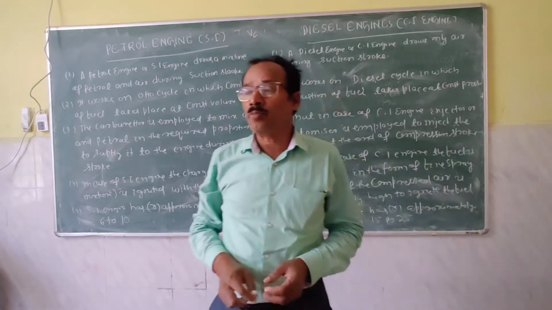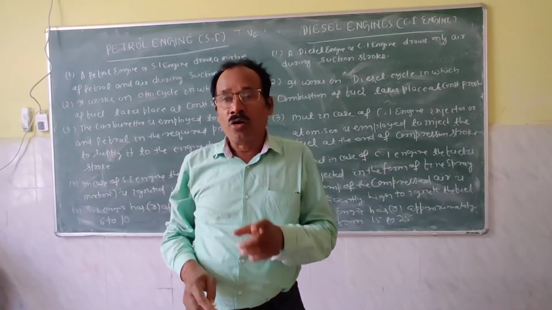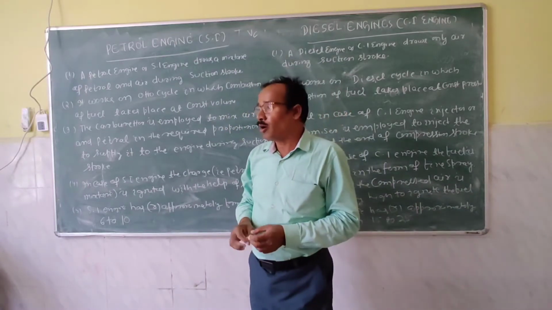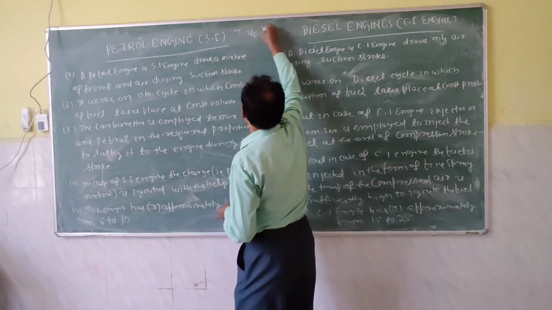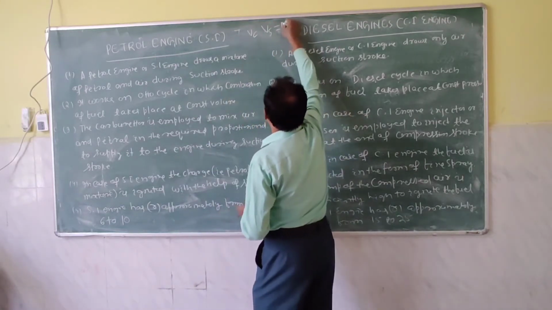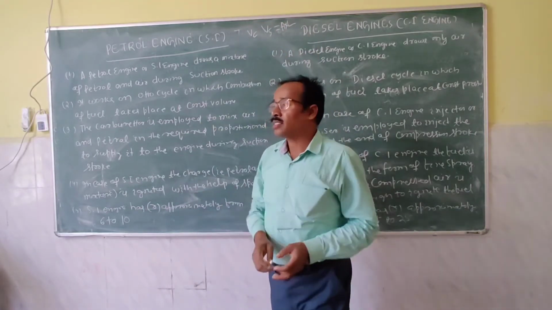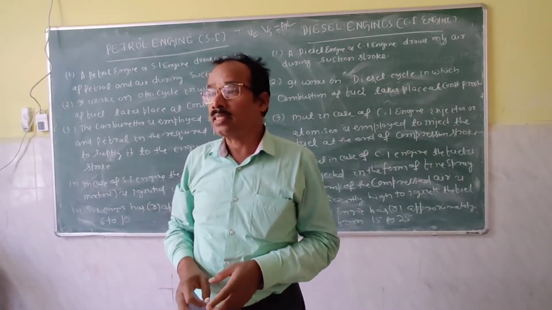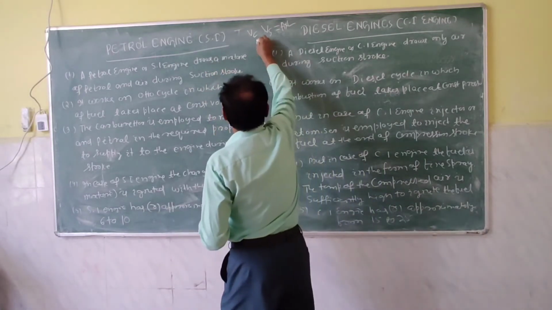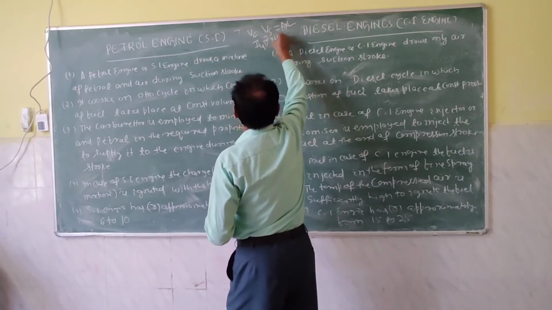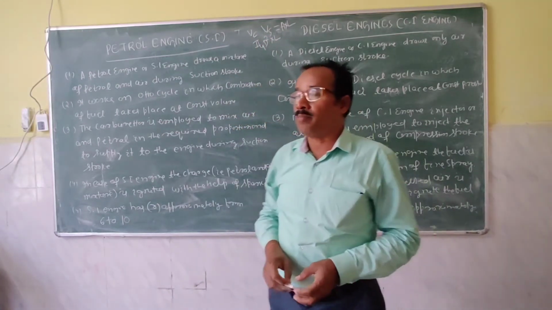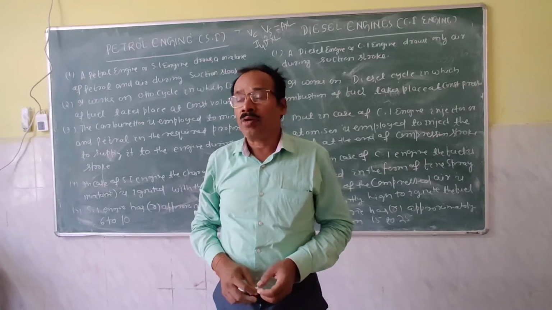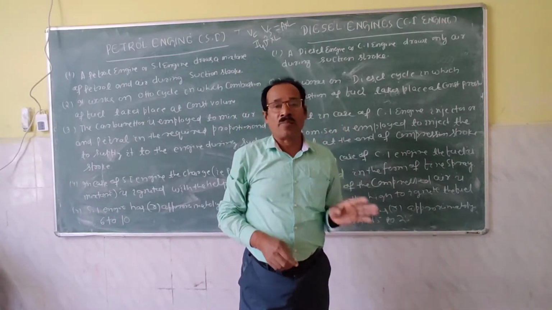What is swept volume? When the working piston moves from TDC to BDC, the volume it occupies is known as Vs. Vs is equal to A into L, where A means area of the cylinder and L means stroke length. It is also written as pi by 4 d square into L, where d is the diameter of the working cylinder and L is the stroke length. Then what is total cylinder volume?